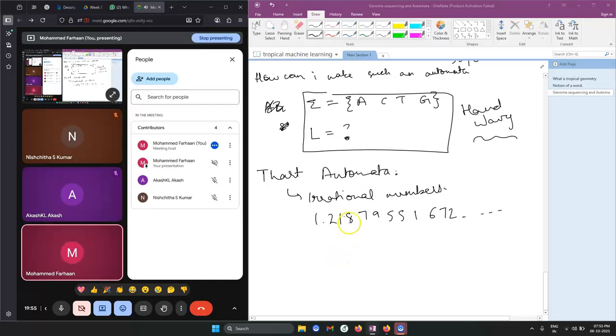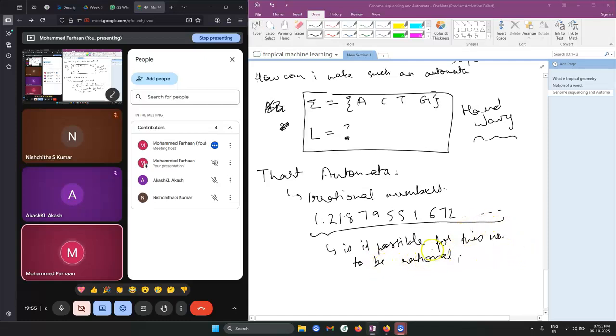My task was to say whether it is possible for this number to be rational. I'm given a finite amount of digits that come from some calculation, and I have to determine: is this rational or irrational?